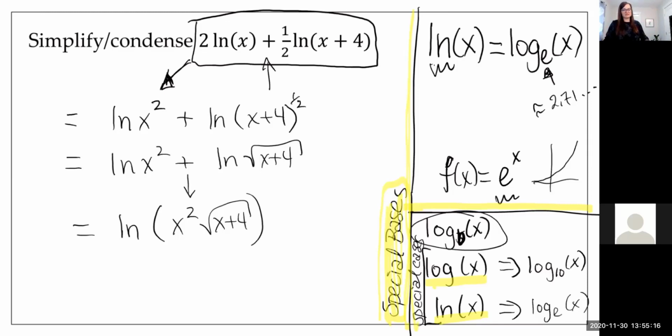You can always practice expanding it and see if it gives you that back again. And you're just in your mind going to have to replace, when you see ln, it's basically like a log. Log is the same as ln, it's just a special base.